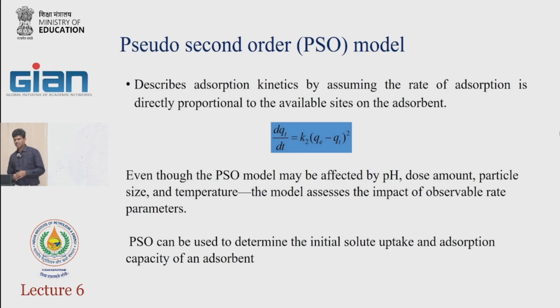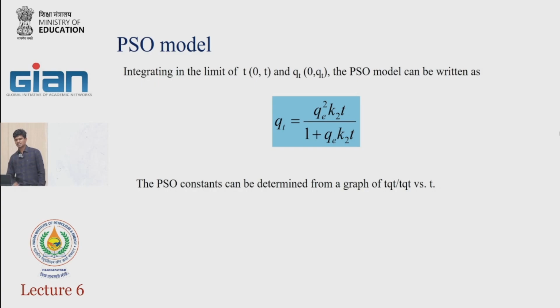The pseudo second order model may be affected by pH, the amount of dosage, particle size, temperature, and so on. So this model assesses the impact of observable rate parameters. Again, you take the same boundary conditions: at time t equal to 0, Qt is equal to 0, and then there are several forms available.